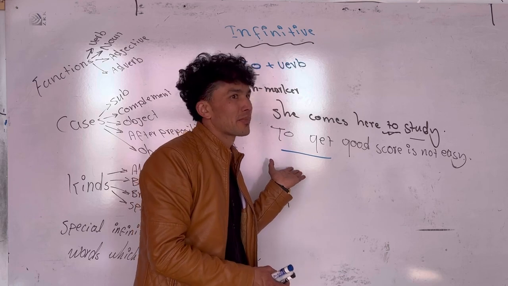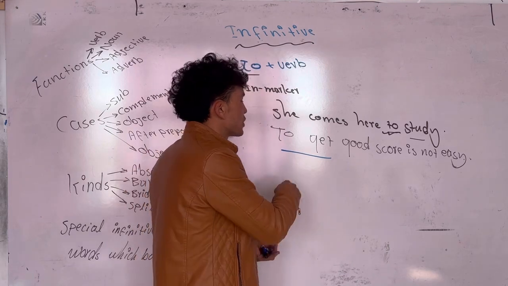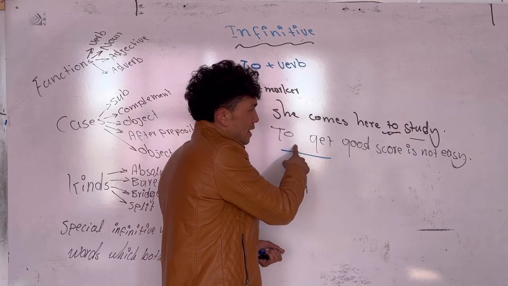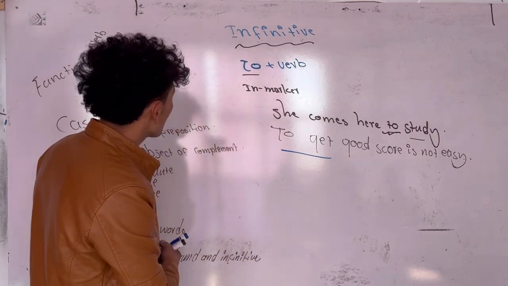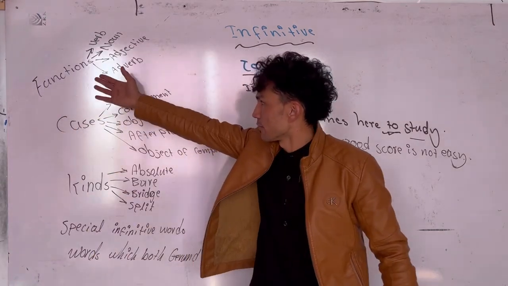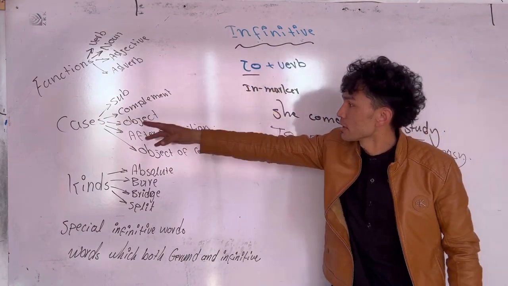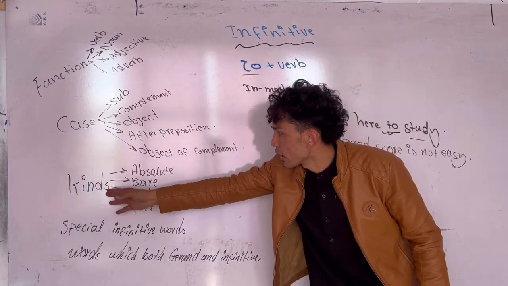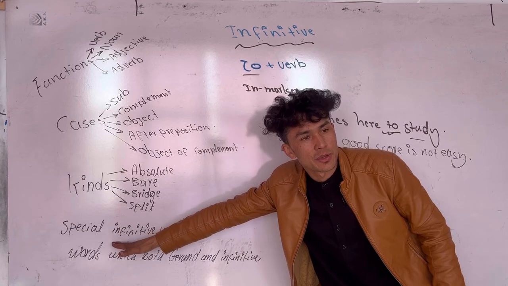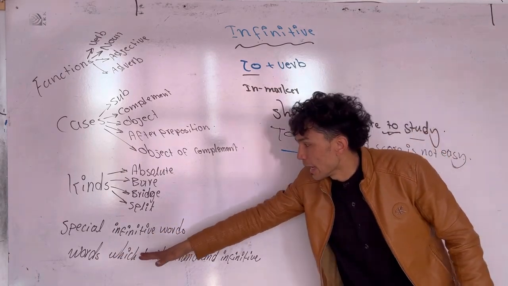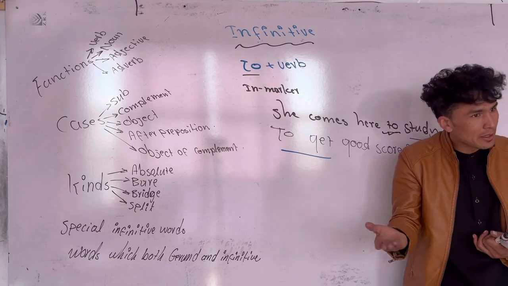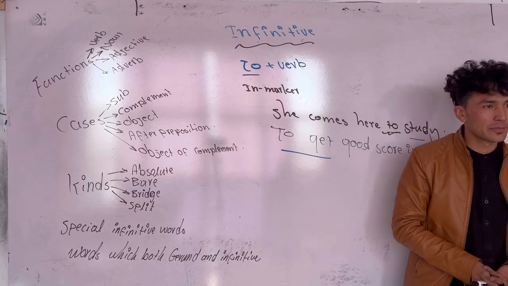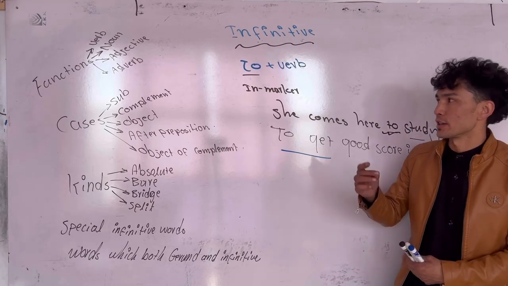This is called the infinitive. The infinitive can be used as the subject of the sentence, as a complement, as the object. And today we are going to get familiar with the function of the infinitive, cases of the infinitive, kinds of the infinitive, and there are some special words we can use with the infinitive, and some words can be used both with the gerund and with the infinitive. You understand?